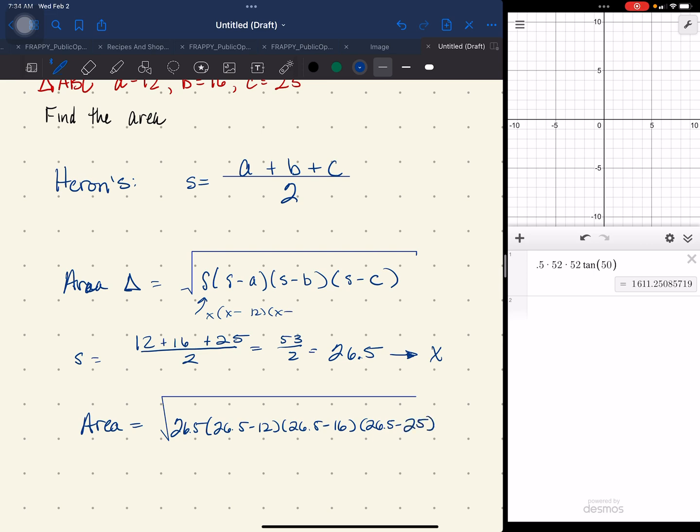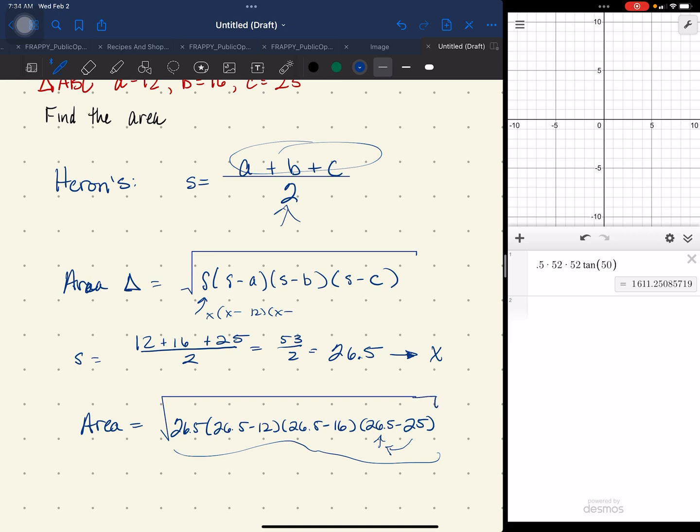Now this will always be a positive number because when we found S, remember S was the sum divided by 2, so it's never going to give you a number smaller than any of the individual numbers. So that's a nice thing because we're just subtracting the individual numbers from it. Super important, because if you had a negative, then you would be trying to take the square root of a negative, and you get an imaginary number. That just doesn't work out.